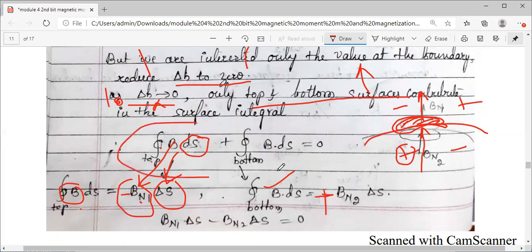When I add both top and bottom, as any one is negative, I'm using the second, bottom, as negative. Bn1 delta S minus, it is actually plus, but since there is a negative sign, flux entering and leaving, both are opposite to each other. So it is minus Bn2 delta S equals to 0.